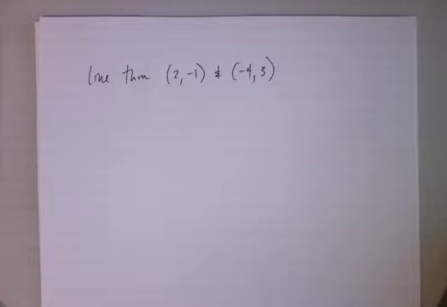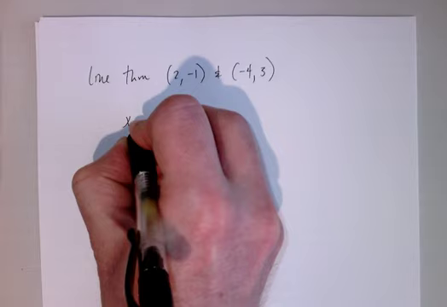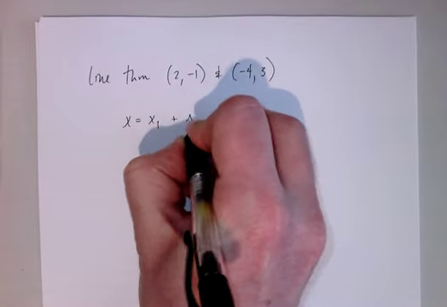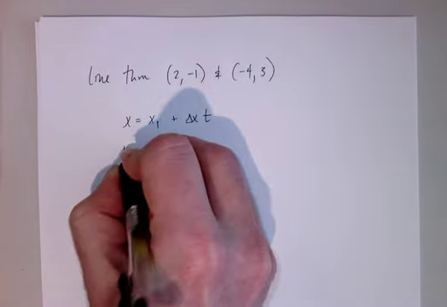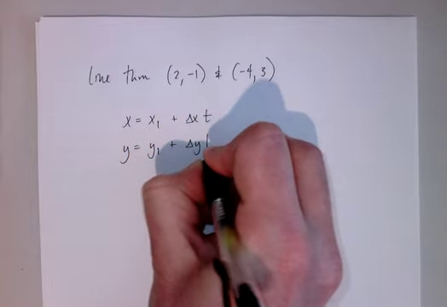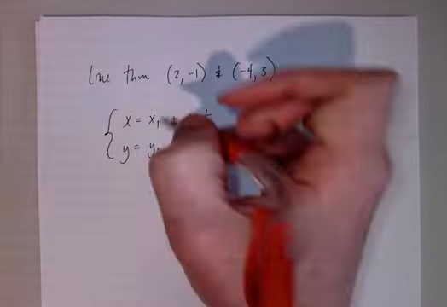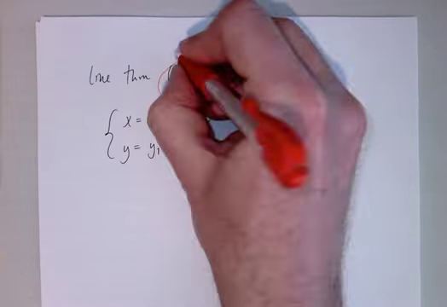In order to actually do the parametrics, I know that x is equal to x1 plus delta x t, I've already stated that, and y is equal to y1 plus delta y t, where x1, y1 is actually just any ordered pair, as long as they're not stipulating which one has to be, it has to be when t is equal to 0. x1, y1 is just any point, okay? So for our particular purposes here, let's just call that x1, y1, okay?